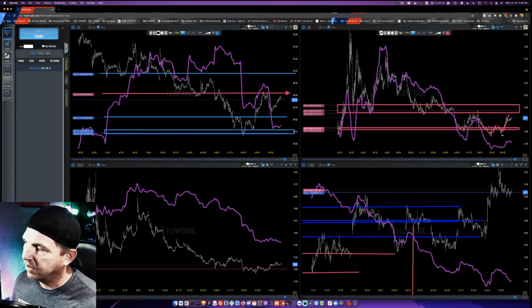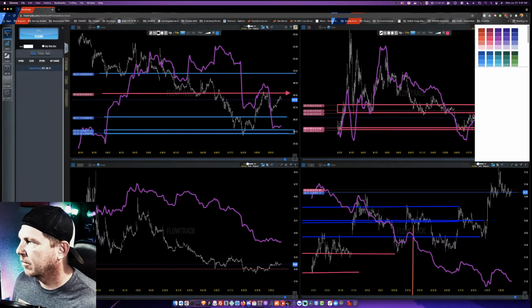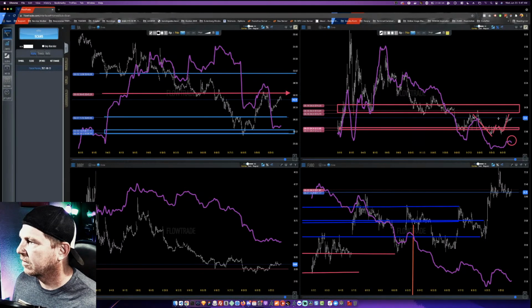The algo is trading with price action with a little bit of curling down at the end of the day on the algorithm. So keep an eye on that for a potential downturn. Let me just grab a different color to illustrate this.